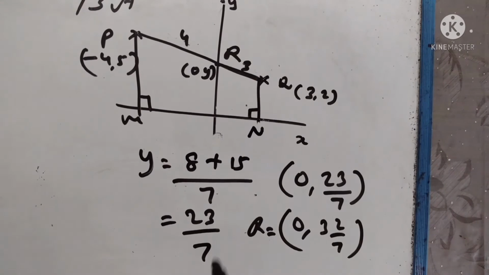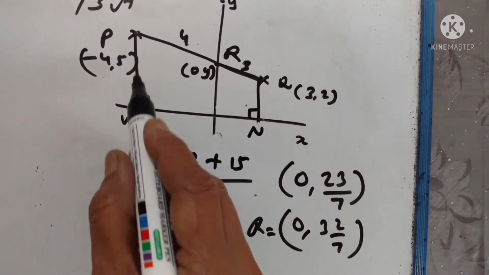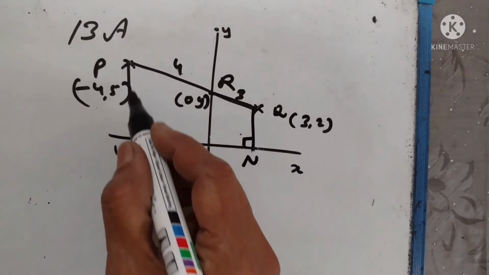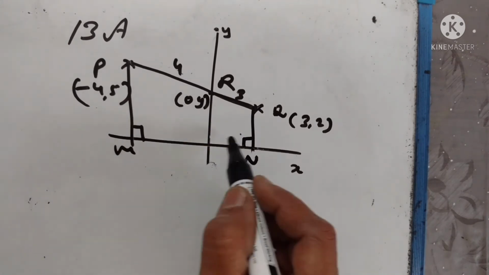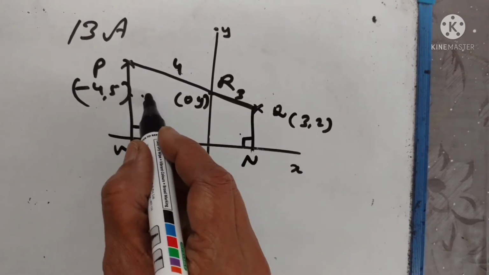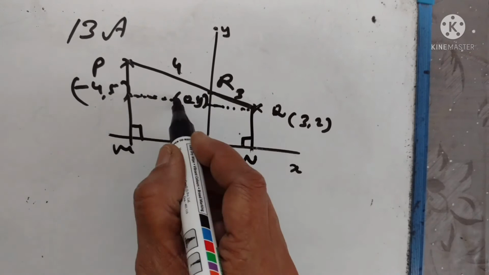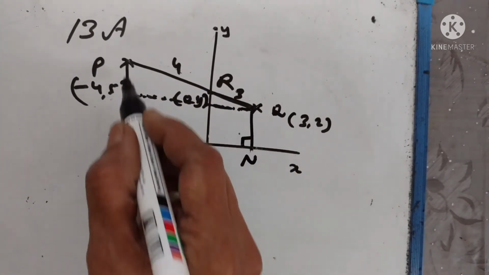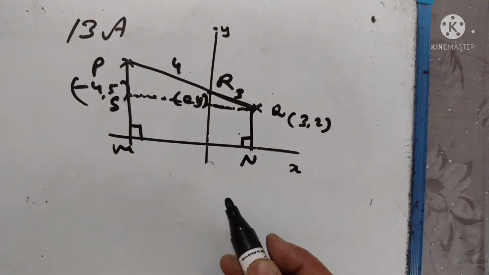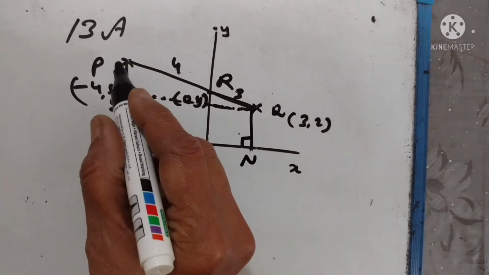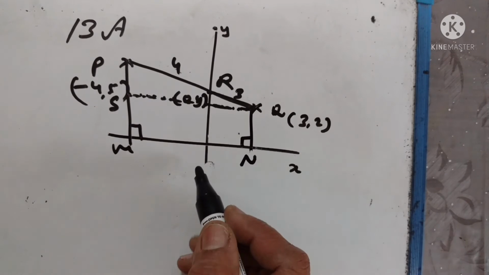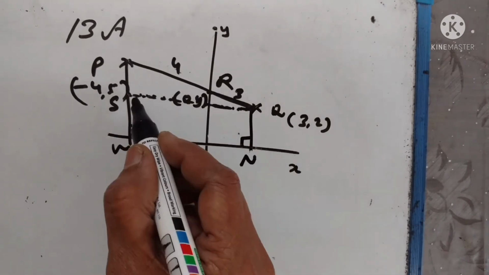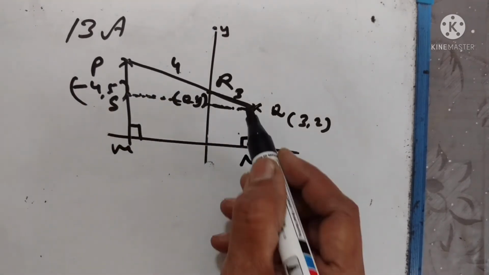Next we have to find the area of quadrilateral PMNQ. Now we can divide it into two parts. We shall draw a line parallel to MN which cuts PM at say S. So quadrilateral PMNQ is equal to rectangle MNQS plus triangle PSQ.